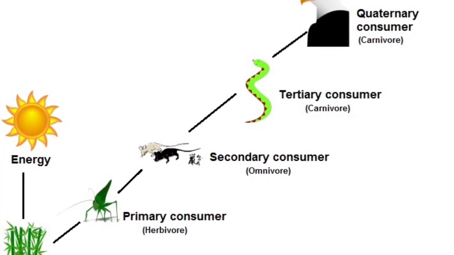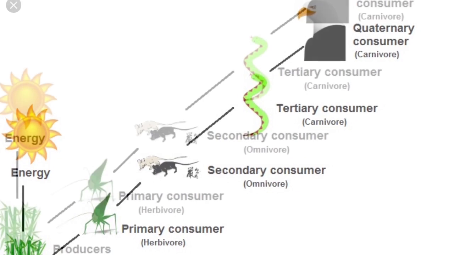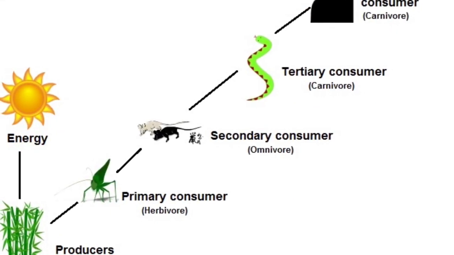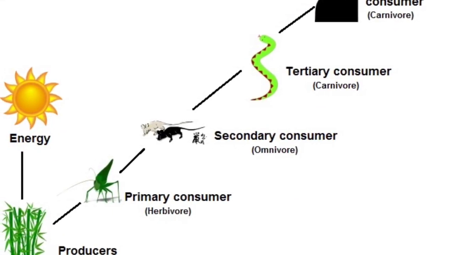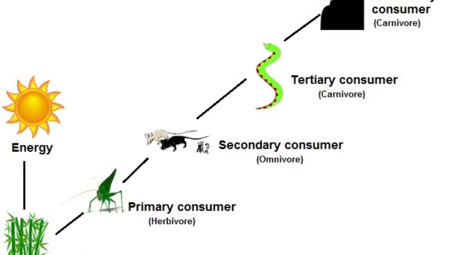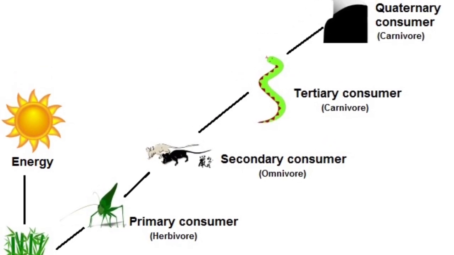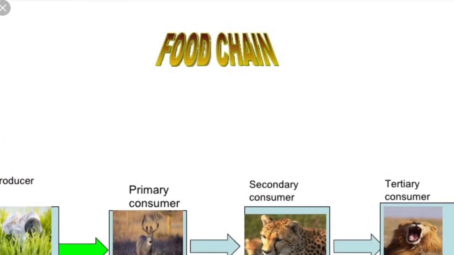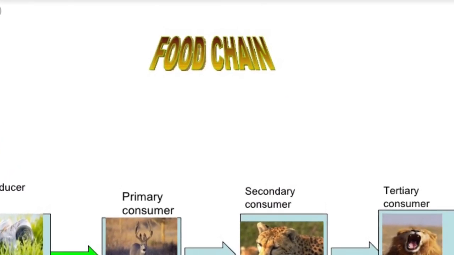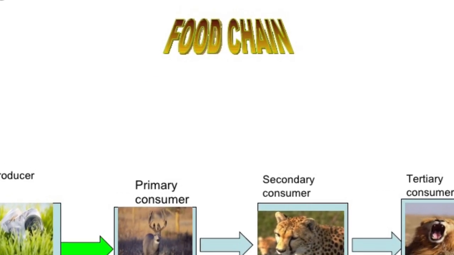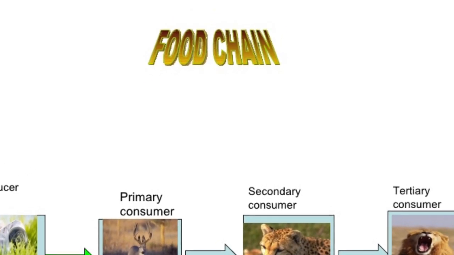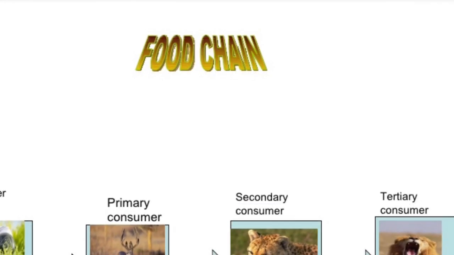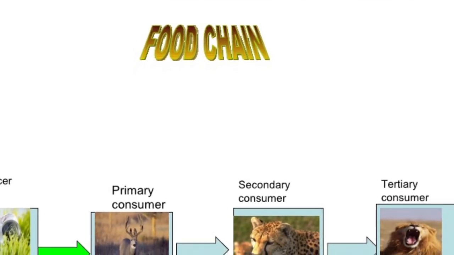You see here pictured a food chain, and this is a direct relationship between producers and a quaternary consumer. A quaternary consumer is the organism within a food chain or food web that controls the population. And if anything were to happen to that specific organism, then the entire food chain or food web could collapse.